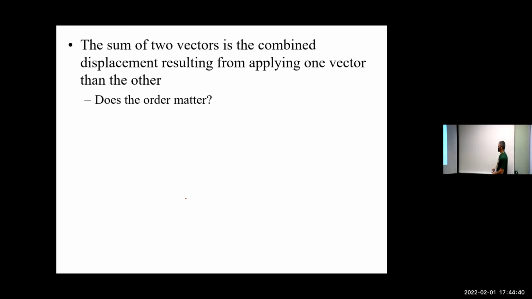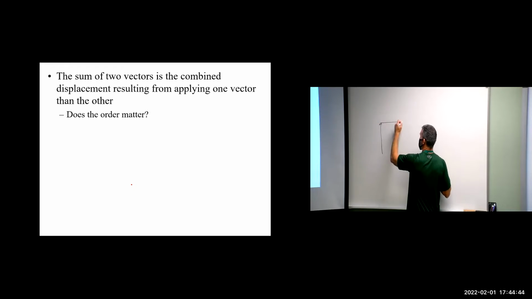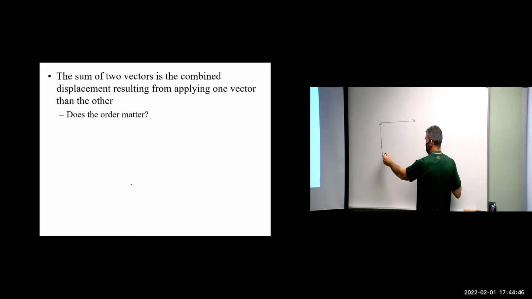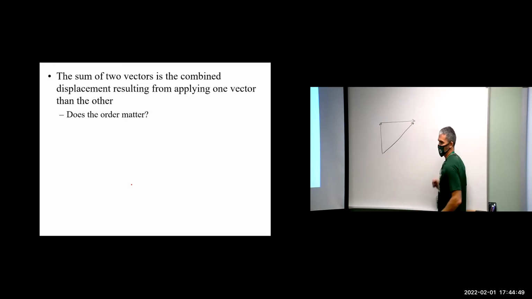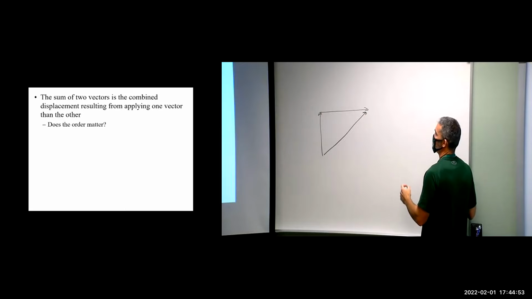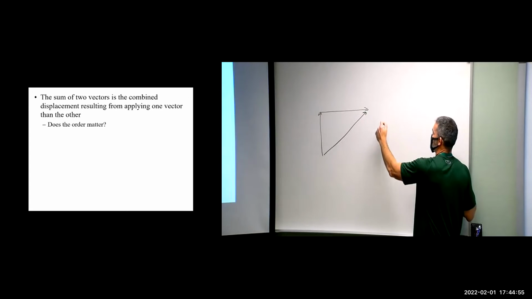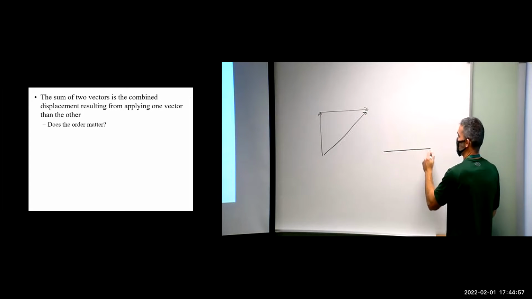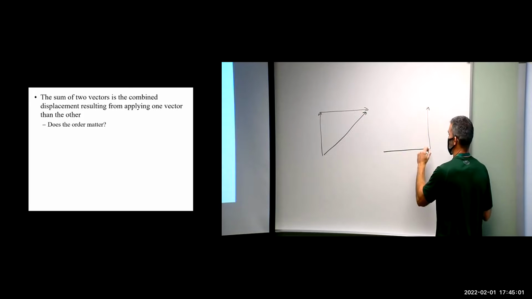All right, situation one. We went 3 miles north, 4 miles east. There was our displacement vector, right? That was what we saw on the previous slide. Okay, now we go 4 miles east, 3 miles north.